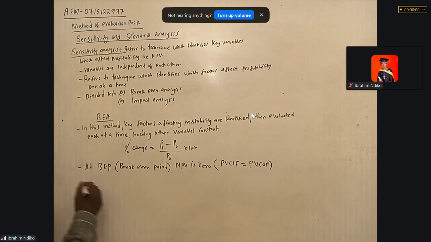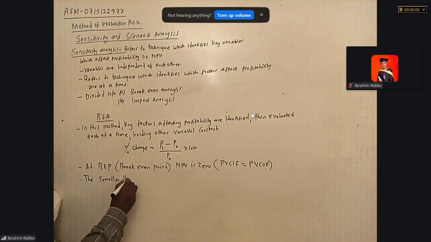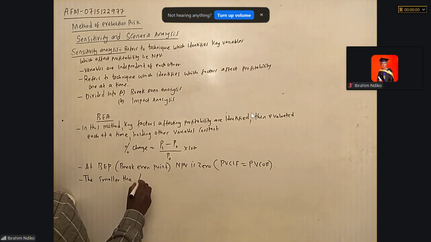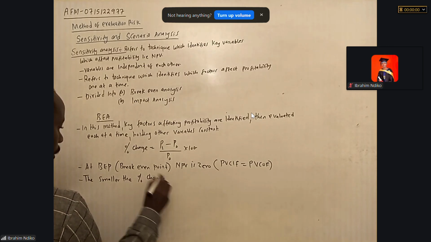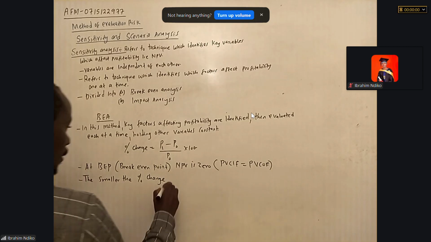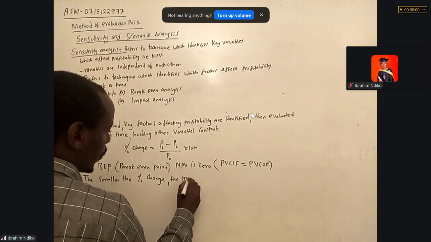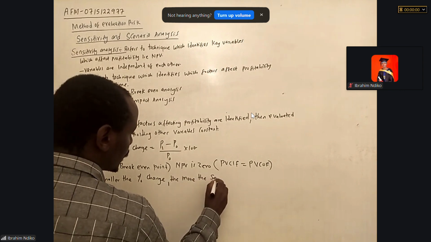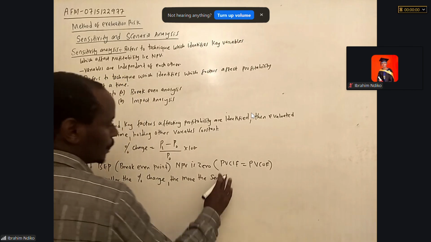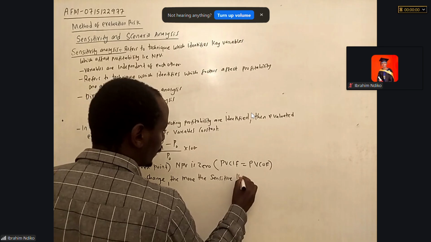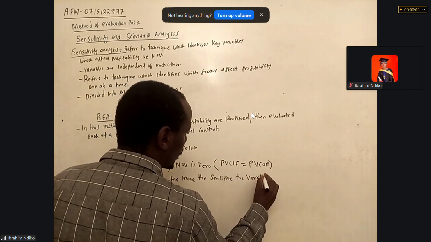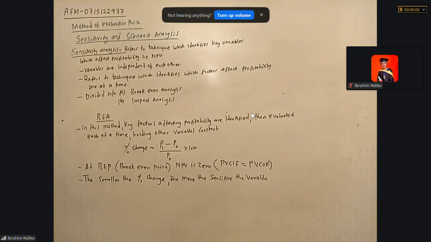You also need to know that the smaller the percentage change, the more sensitive the variable is, and vice versa.